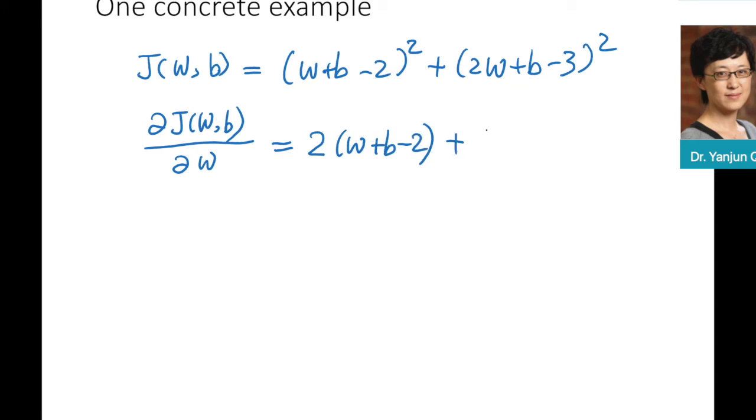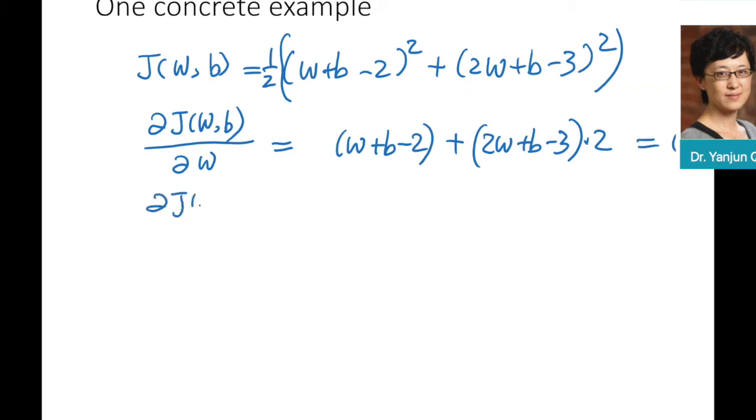Plus 2... oh, I have the 1/2 here, right? The 2 cancels out with that 1/2, which is the reason why there's a 1/2 in the J formulation. So I have 2 times (2W plus B minus 3). I think this is correct. And then I set it to 0.